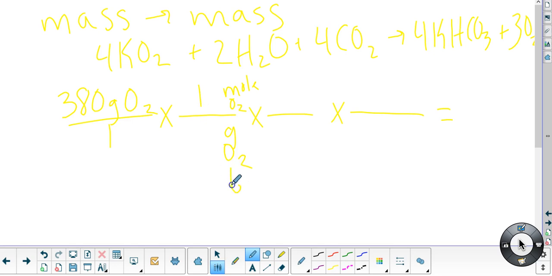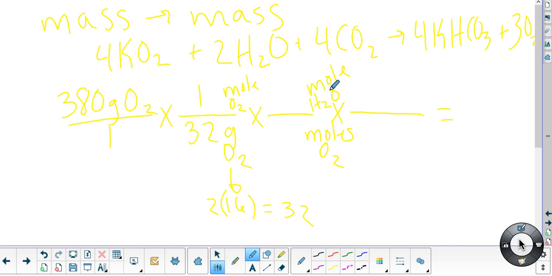Your molar mass here is 16 for 1 oxygen, and you have 2 of them, so that's 32. You do not use your coefficients when you're doing just mass to mole. The only time you use your coefficients is in the next step when you're going from moles of one substance to moles of what you're solving for. That is where you use your coefficients.